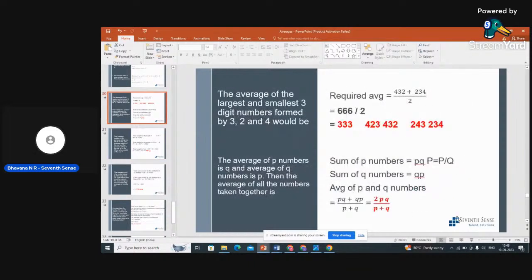So the sum of values is average into numbers.